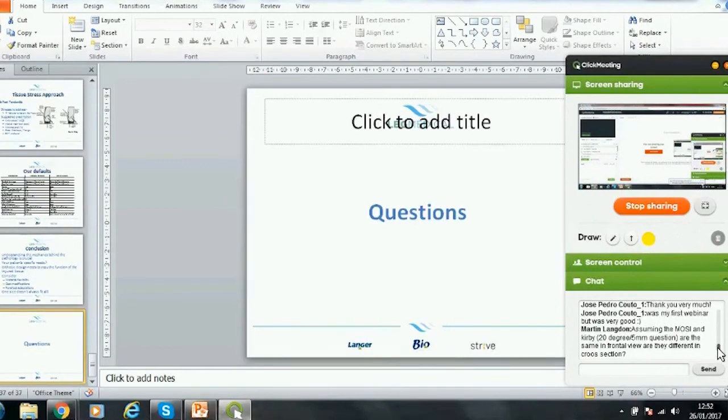Right, okay, now Martin's just asked me, assuming the Mosai and the Kirby are the same in the frontal view, are they different in the cross section? Yes, because if you look at them from the sagittal perspective, they would look different in the cross section. I think the best thing I can do, Martin, is email you some pictures. Mind you, you've seen a Mosai, haven't you? Essentially, it's just a different way of doing it.